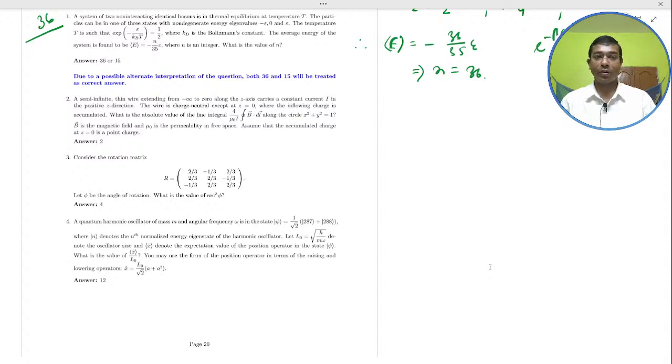What is the absolute value of the integral 4 by mu naught I times the integral of B dot dl along the circle x square plus y square equal to 1? B is the magnetic field, mu naught is the permeability of free space. Assume that the accumulated charge at z equal to 0 is a point charge.